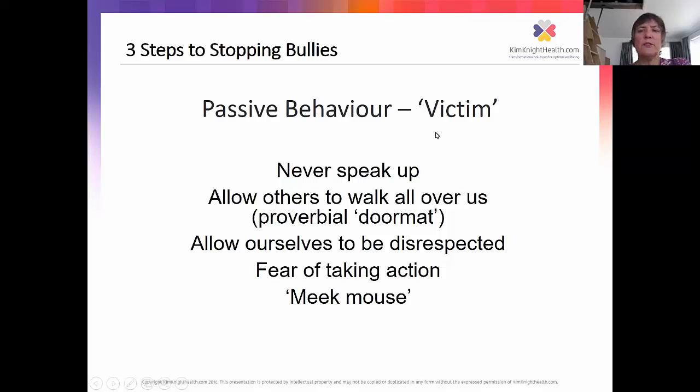So another word that we could use for victim, because people tend to take offense at that word, is disempowered. Okay, so we can either be empowered or we can be disempowered. And usually we turn into a victim, if you like, because we were disempowered in our early childhood, and that is the identity that we take on. And interestingly enough, these identities are very connected with our gut brain.